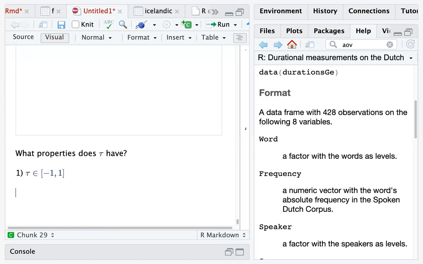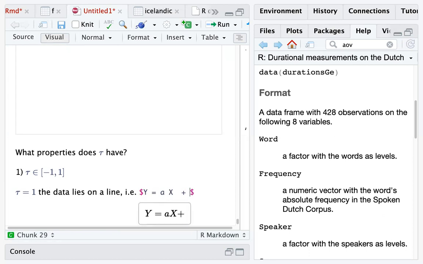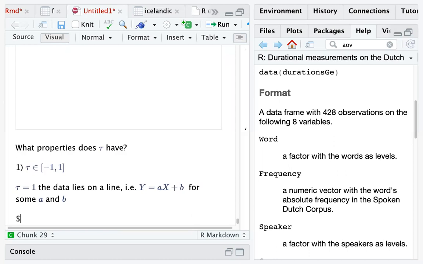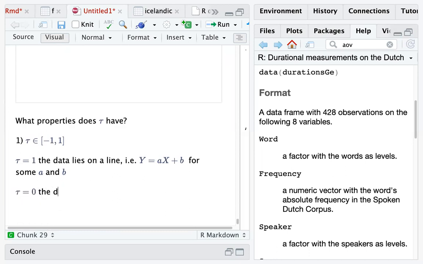Tau equal to 1 means that the data is on a line, while for tau equal to 0, the data is said to be uncorrelated.